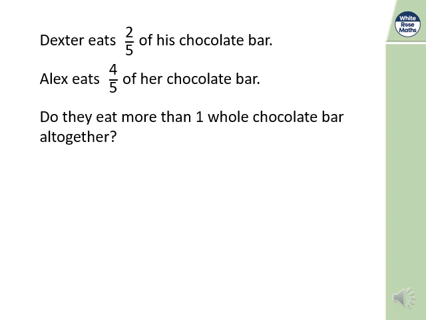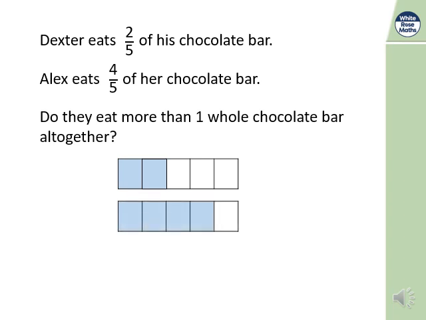Let's have a look and see together. So we can see that there is Dexter's chocolate bar of 2/5. There is Alex's chocolate bar of 4/5 eaten. So we're looking at doing 2/5 add 4/5. And the answer is 6/5.